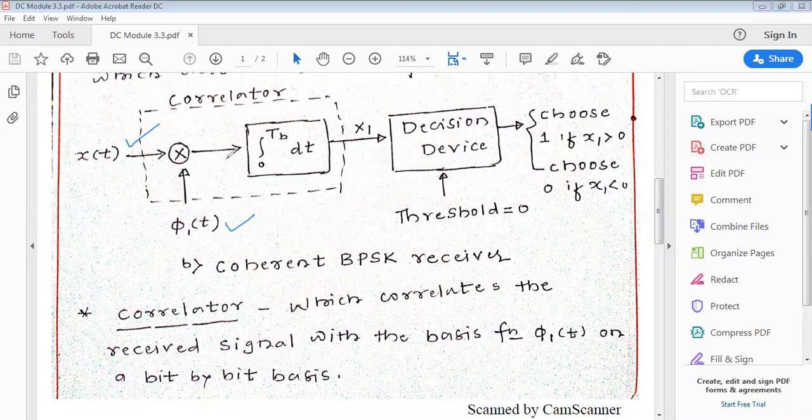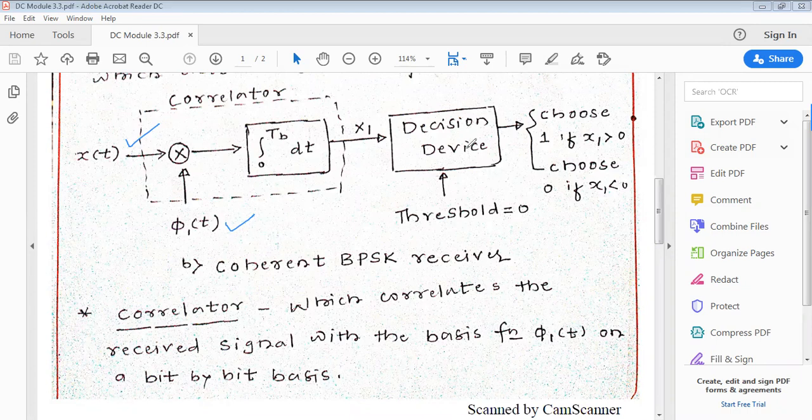It is basically a product integrator. The output of the correlator always gives a random variable x1, and this x1 is fed to the decision device where the threshold is equal to 0.